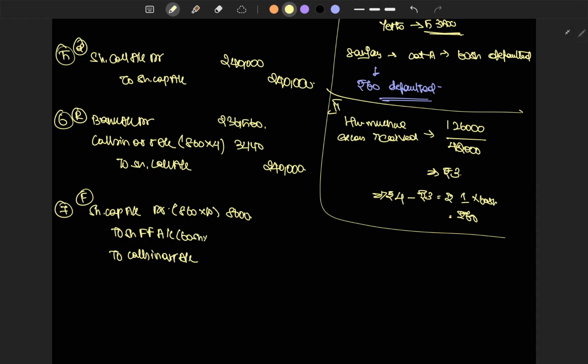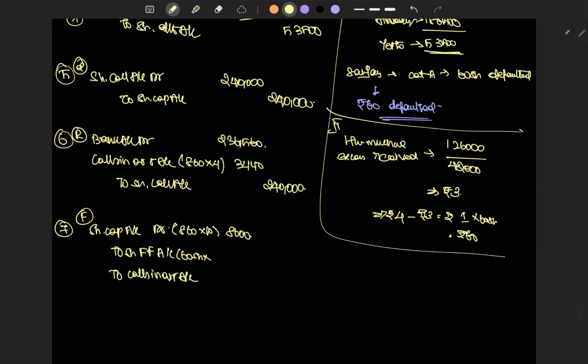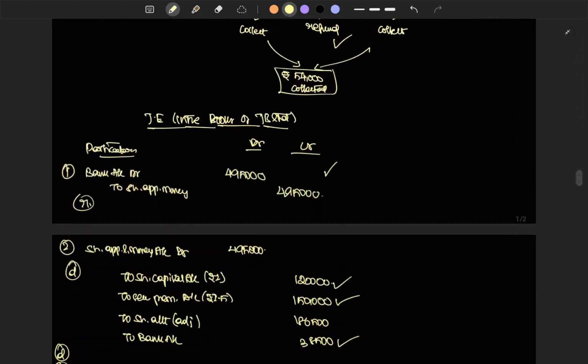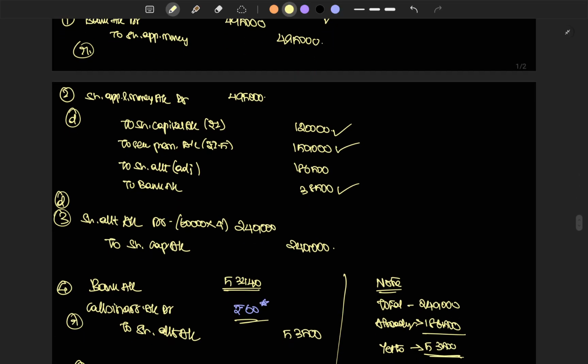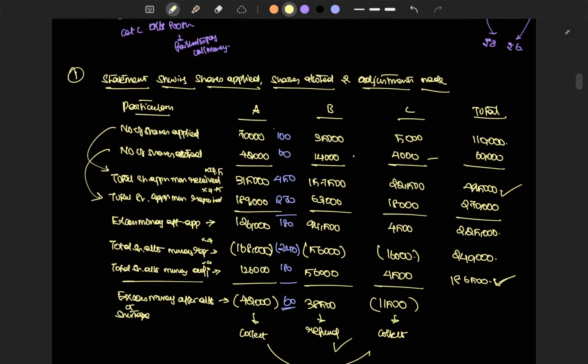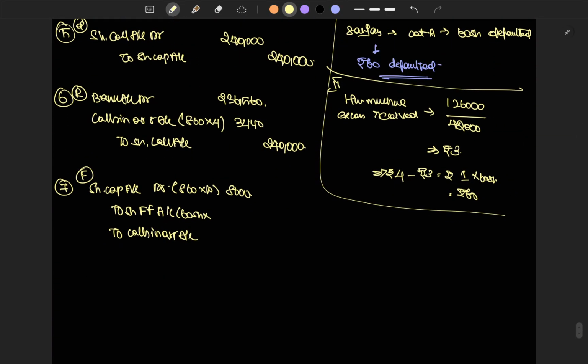60 shares by Sanjay. Sanjay has paid 2 rupees, Vivek paid 2 rupees during application.